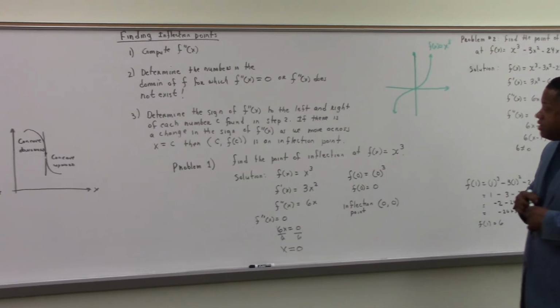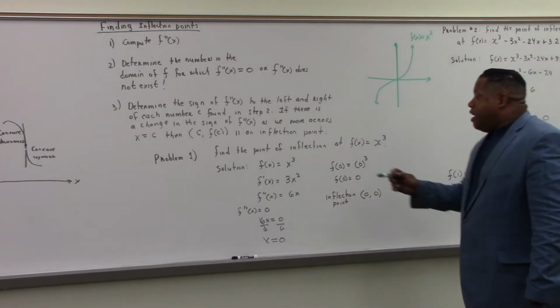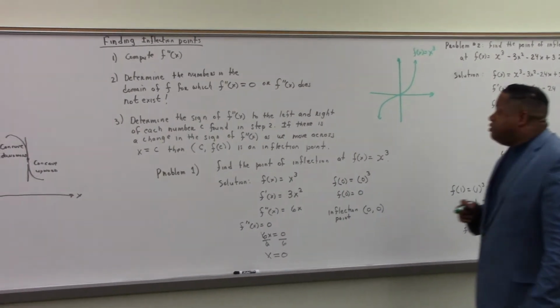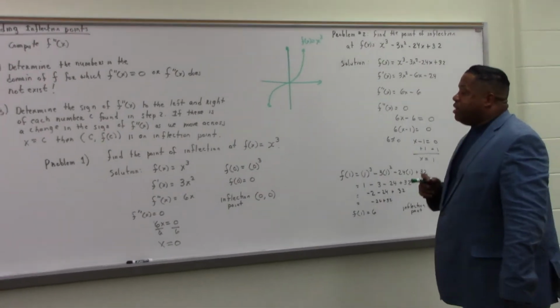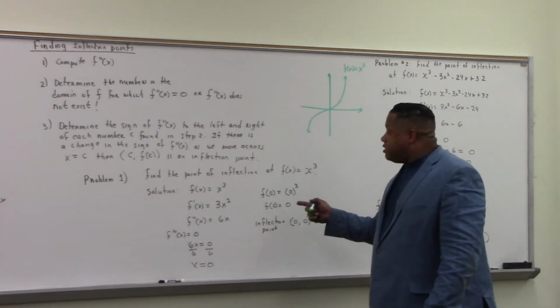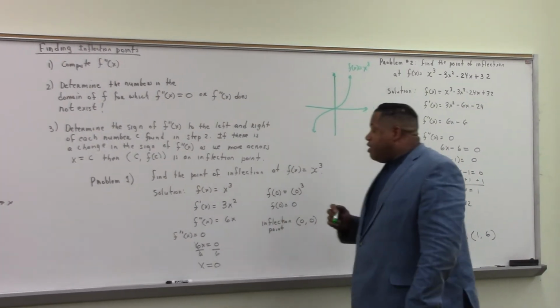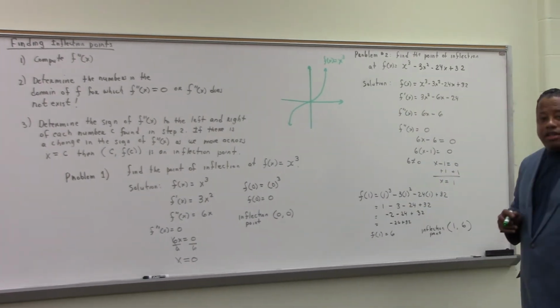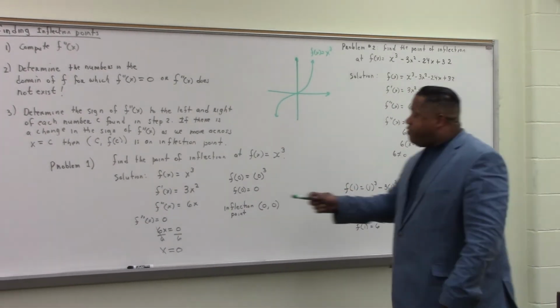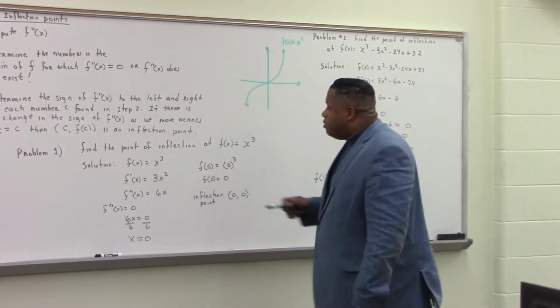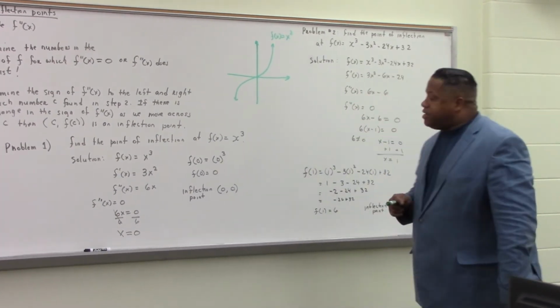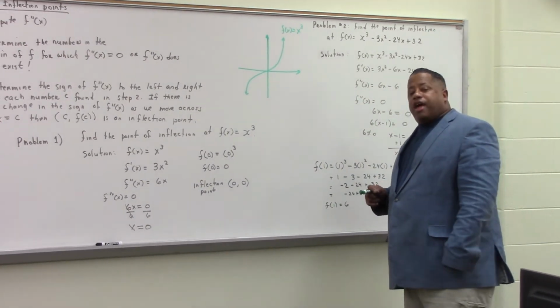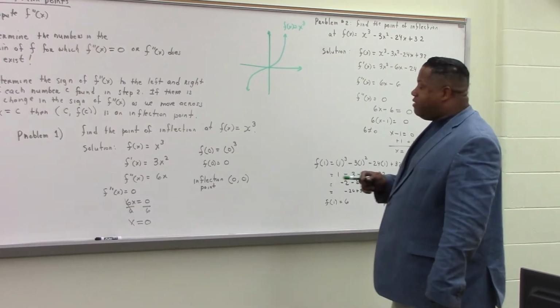However, let's look at this. f of x equals x cubed. We take the first derivative, which is 3x squared. Then we continue and take the second derivative, f double prime of x, which is equal to 6x. Now we set f double prime of x equal to 0 and solve for x, and x is equal to 0.